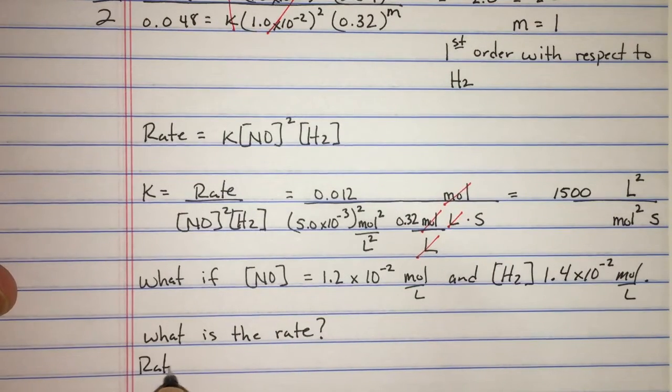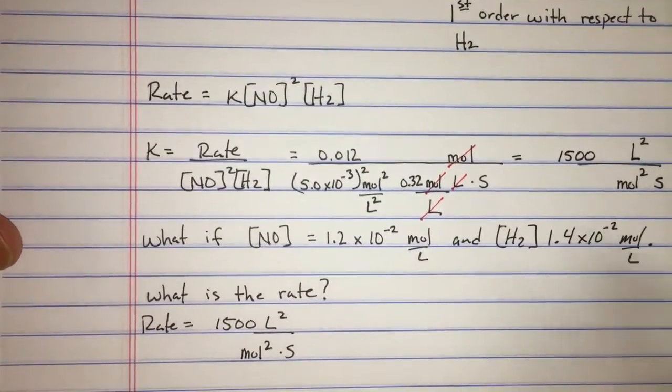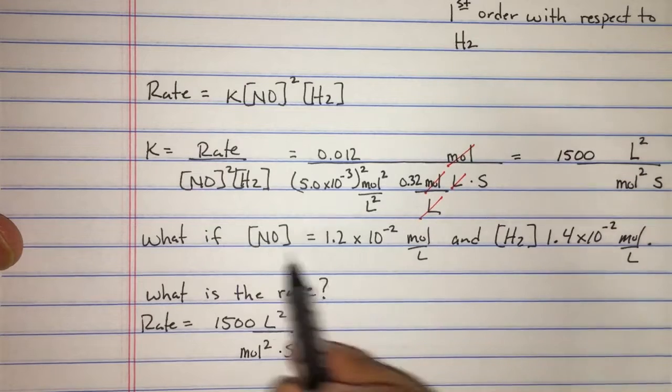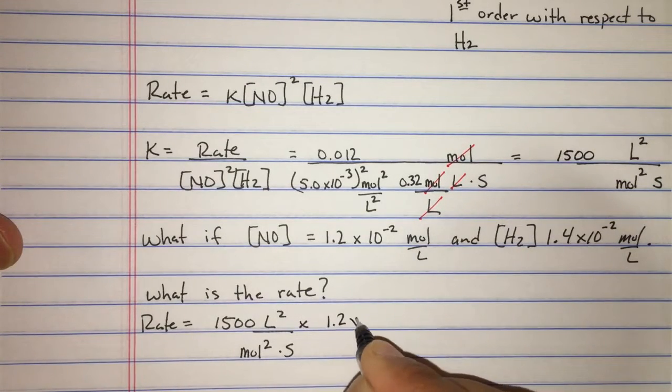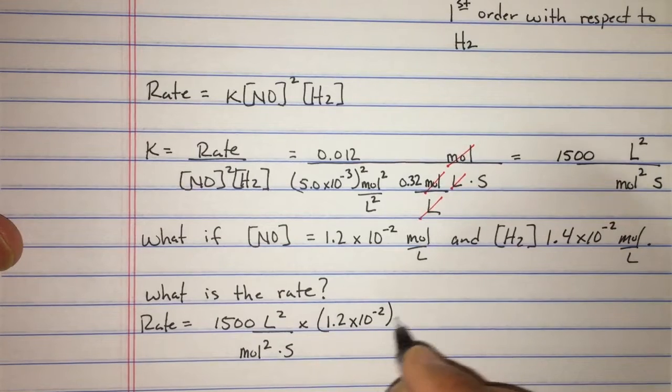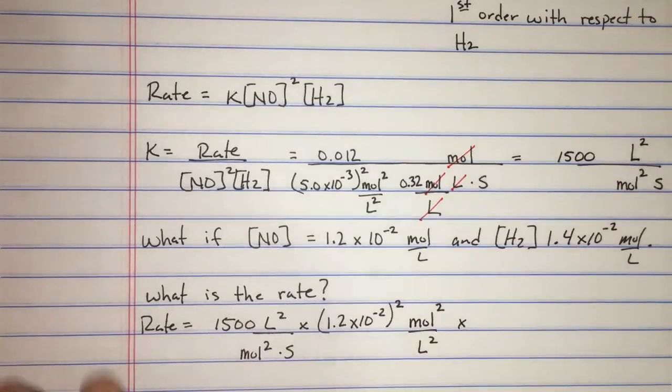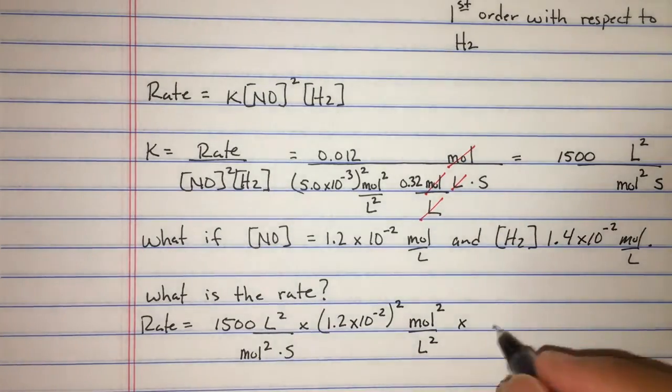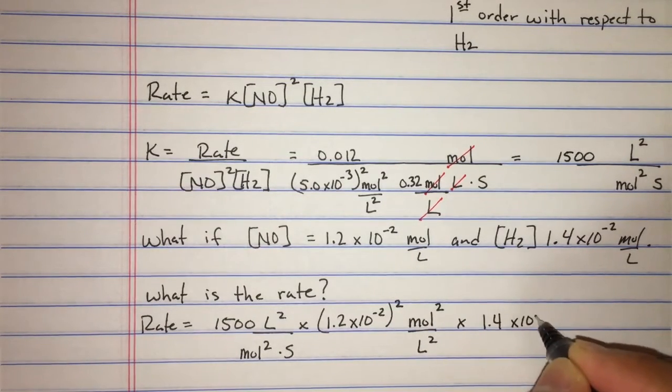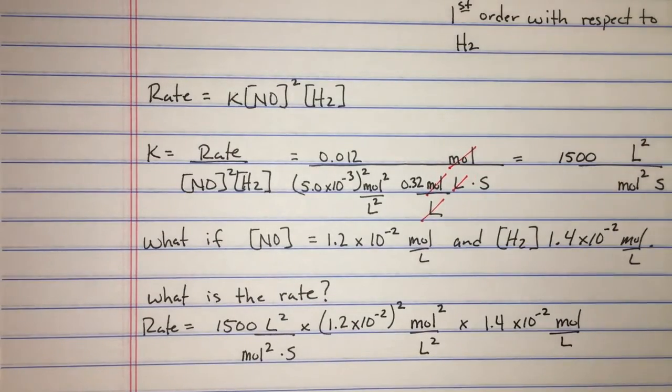So the rate will be 1500 liter squared per mole squared seconds times the concentration of NO raised to the 2 mole squared per liter squared times 1.4 10 to the minus 2 mole per liter.